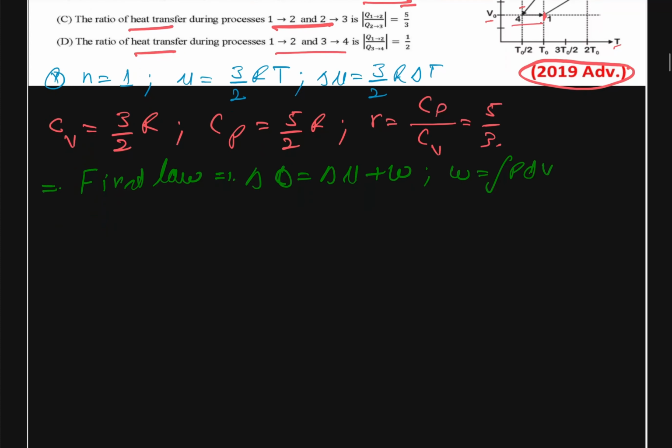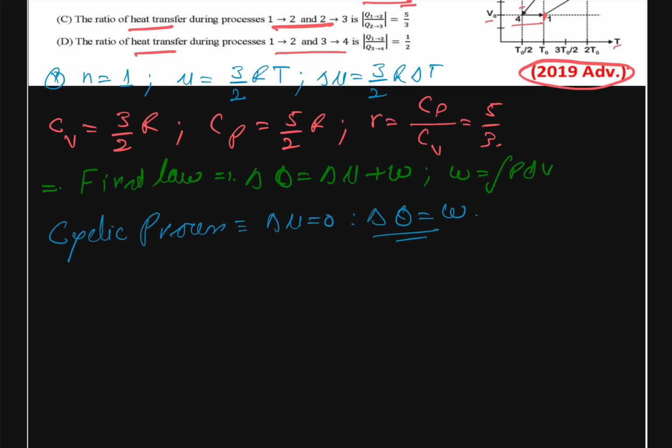For this cyclic process, our delta U will be equal to 0. So we can say that delta Q will be equal to simply the work done.